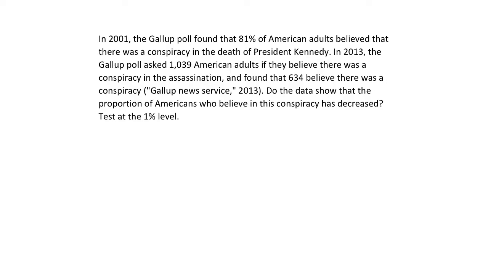So in this particular scenario, we want to know if the people who believe in the conspiracy has decreased. And again, here is that 1% level. In the last example, they did not state a percentage level, but this one does, and so that's what we're going to test to. So the first thing I want to do is identify my parameter.